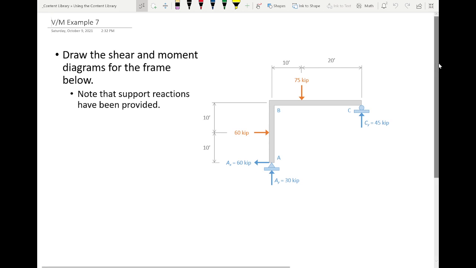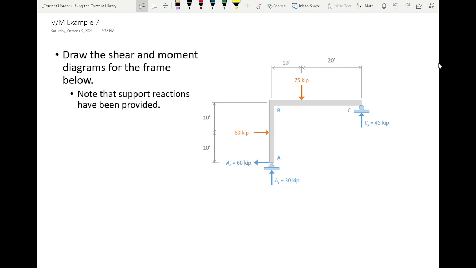So whenever we construct the shear and moment diagram for a frame, what we typically do is we look at each member separately and draw the free body diagram for each member. What that means is that we have to break out the samurai sword, or lightsaber if we happen to be a sci-fi fan, and cut sections at the joints, okay?